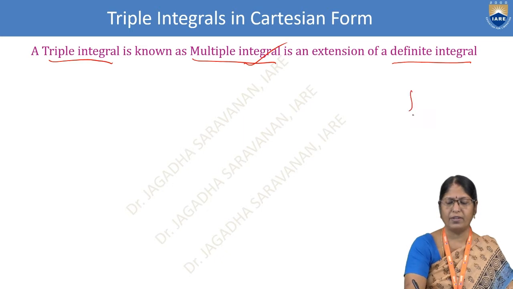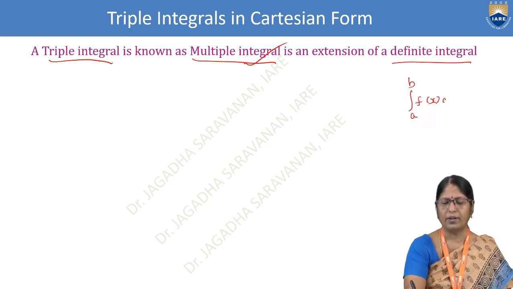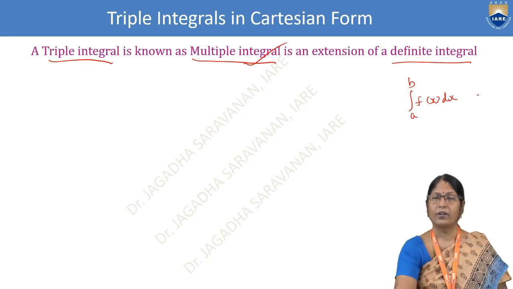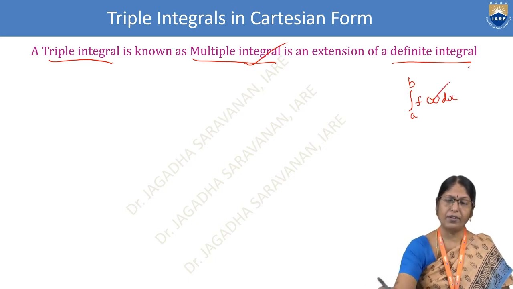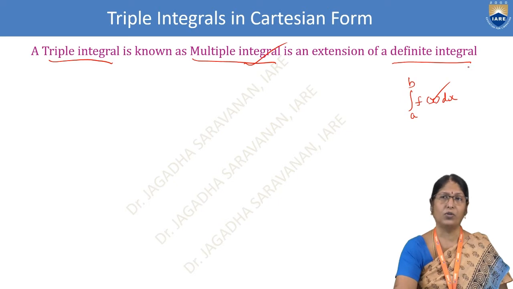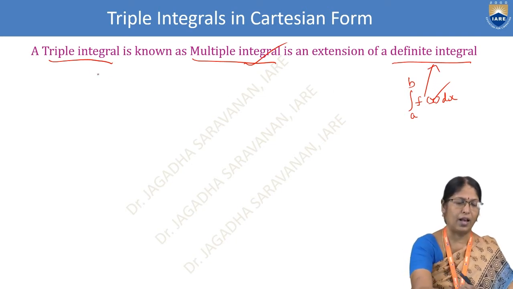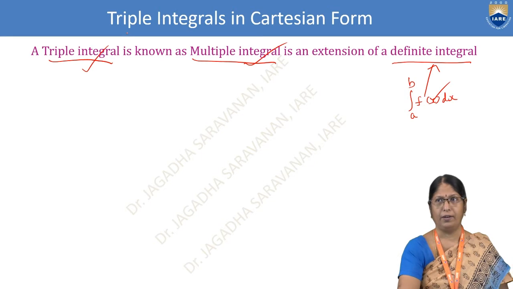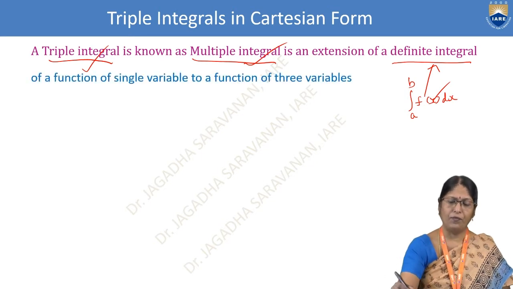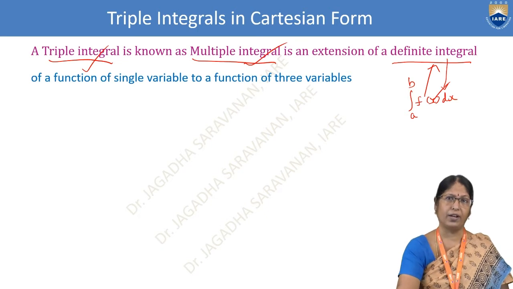This definite integral is the integral from a to b of f of x dx. That is, it is a definite integral which is related to one variable. So the extension of this definite integral is our triple integral. If it is related to one variable, it is a definite integral.